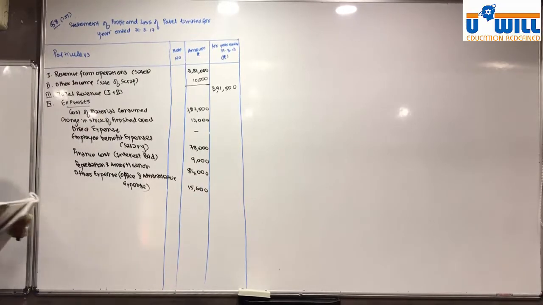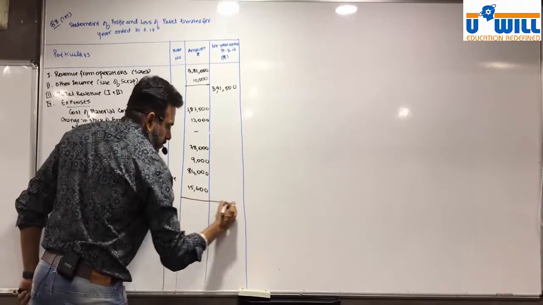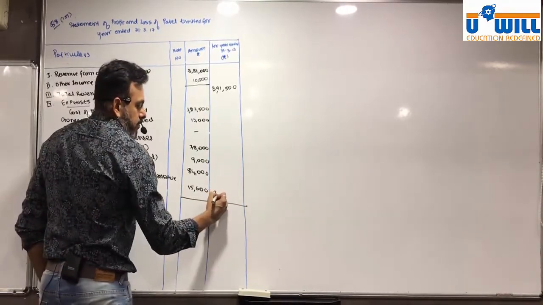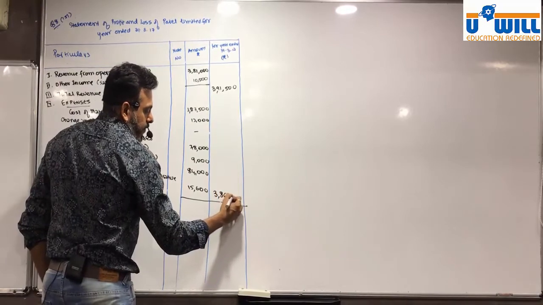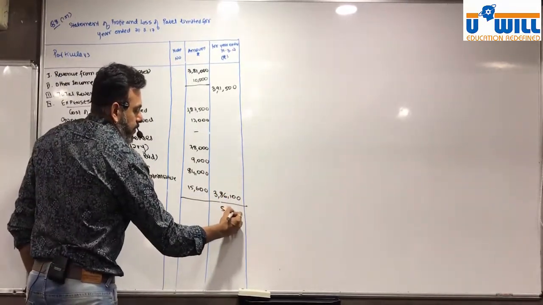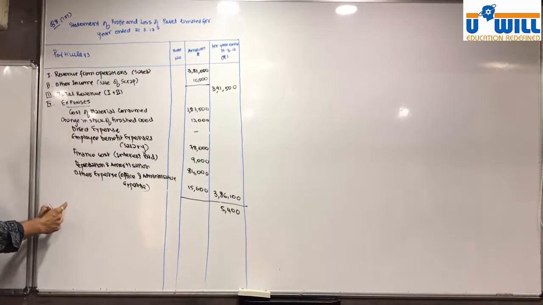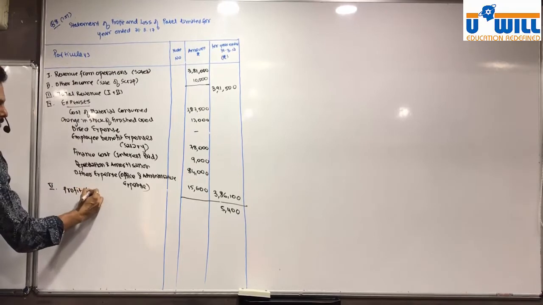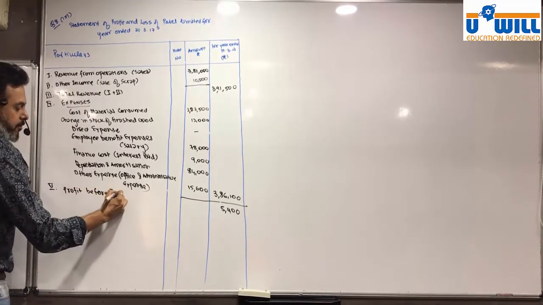That's it. Close it. What's the total? 3,86,100. Subtract, 5,400. Fifth, this is our profit before tax.